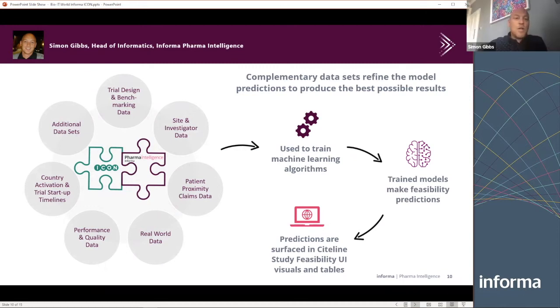Thanks for that, Ashley. So yes, I'm just going to talk at a relatively high level around the approach that we've taken to not just develop the models and the algorithms that are powering the predictive analysis, but also how we integrate the different data sets and develop features within the models. As Ruth said at the start of the presentation, there are a huge number of data variables and data drivers that effectively feed into the different types of study feasibility analysis.